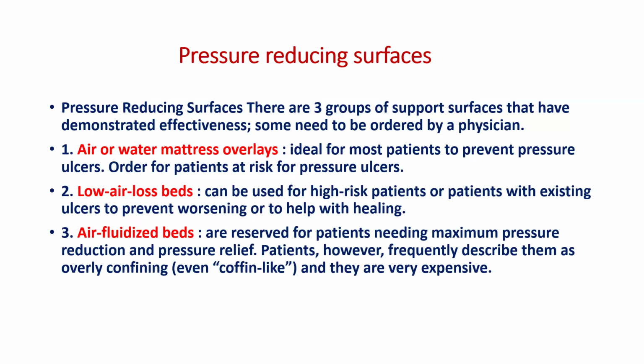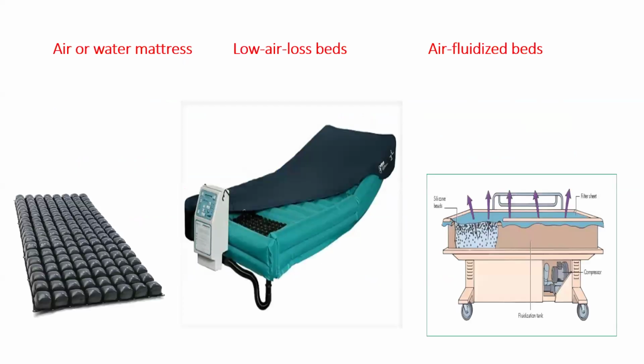We have 3 examples here: air or water mattress overlays, low air loss beds, or air fluidized beds. And these are examples of such pressure reducing surfaces.